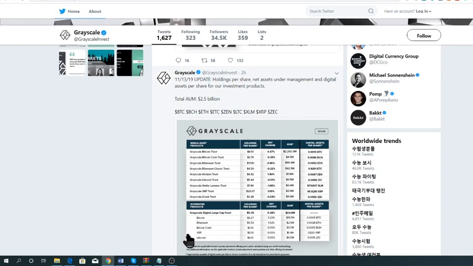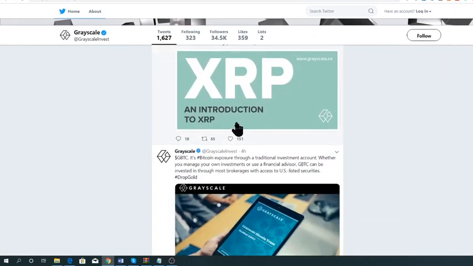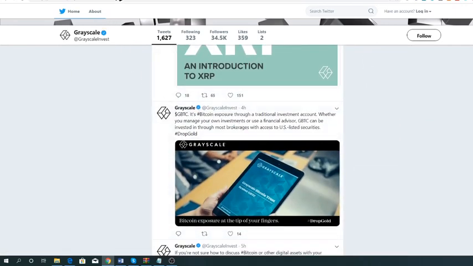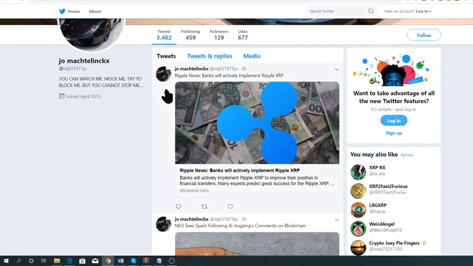Now you can see the holding share of this Grayscale. Say XRP is here, Grayscale XRP Trust is here. You can actually look at that. Now, if they are spending their time on this particular asset, they believe there is something in it which is going to make it valid.